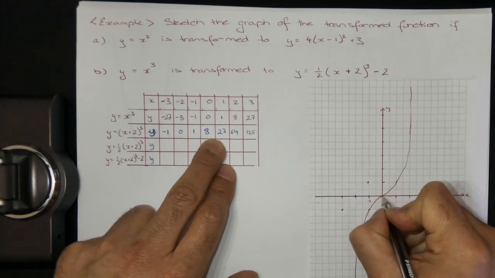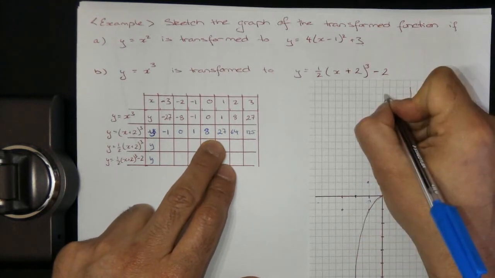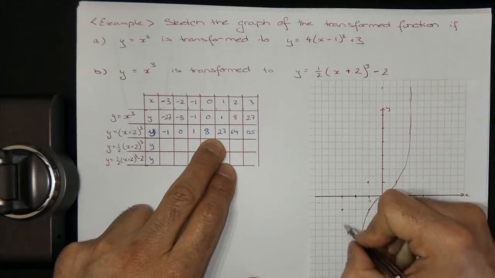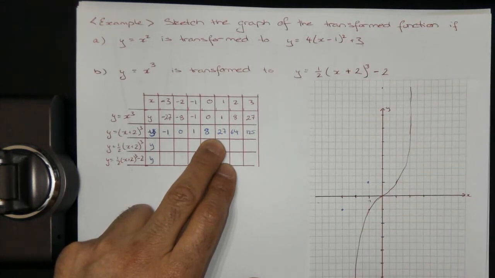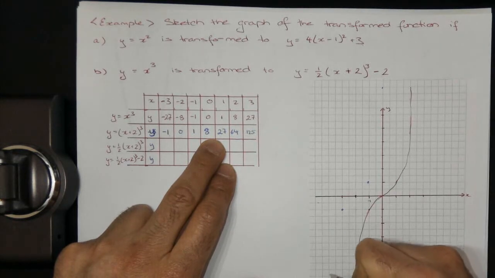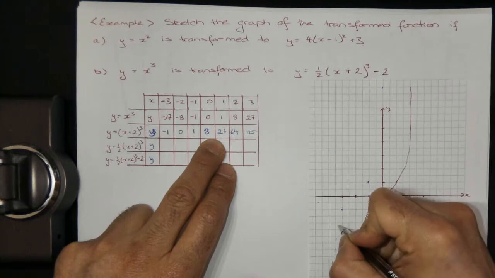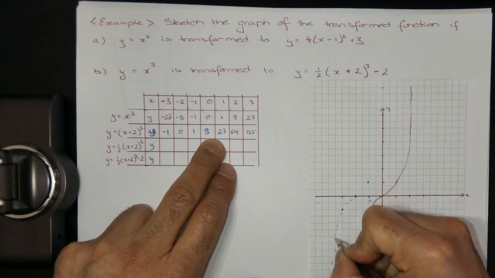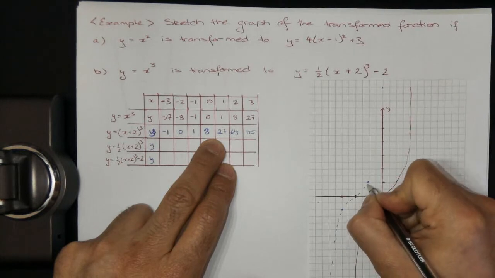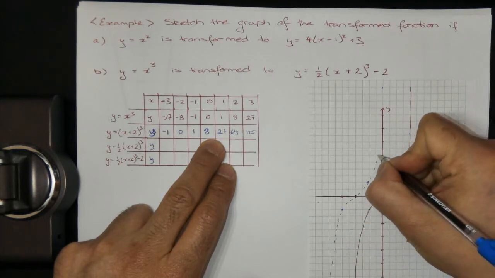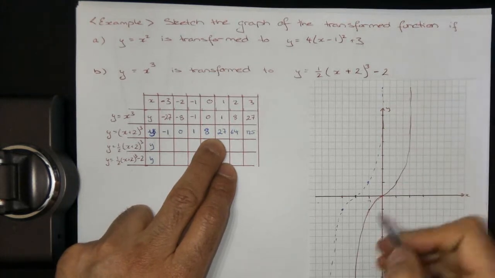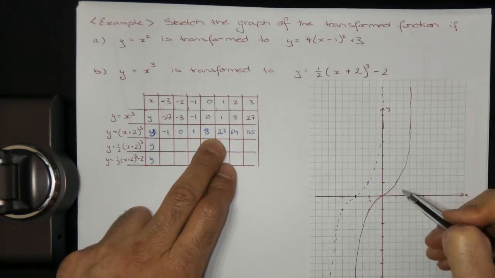And 0 becomes 8. Because I don't want this to be the stopping point, I'm just going to make it with dashes, and I try to keep it as parallel as my parent graph.